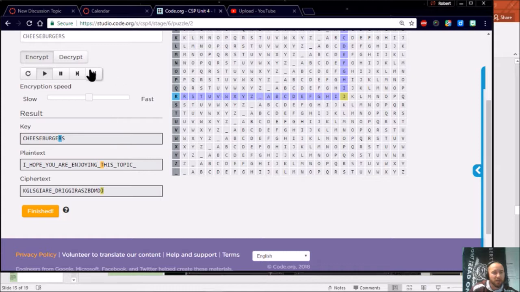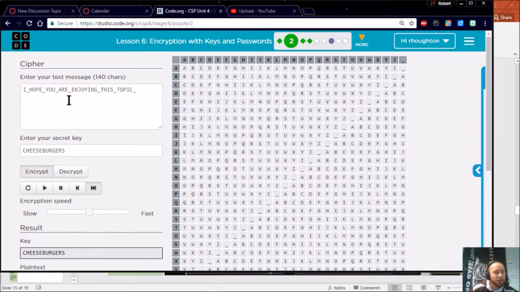And when you run out of patience, you can just click fast forward here. And this is the ciphertext, the meaningless jumble of letters that could be sent across the airwaves or across the wire. The bad guys would never know what this means unless they know the key, because then they would go here, type in the key, and watch the process go backwards.